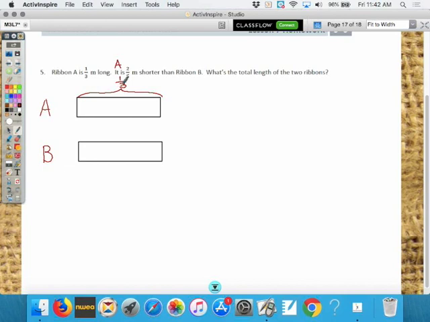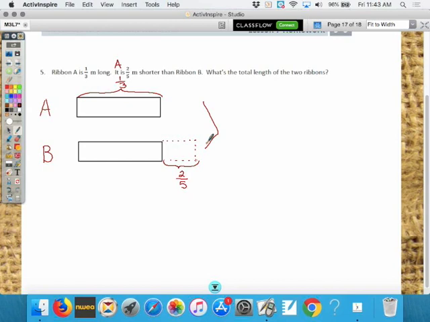I also know that A is shorter than B. So B is going to be longer. You don't have to make a dotted line. I just do that to show that I added on to it, okay? So how much longer is ribbon B? 2/5 longer. And the question says, how long are they all together?